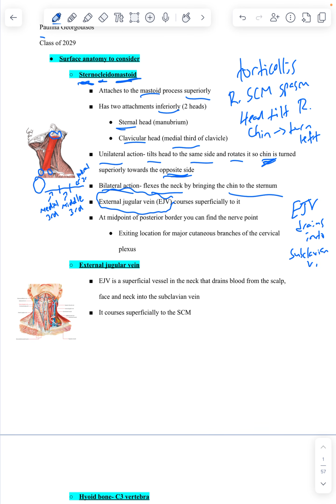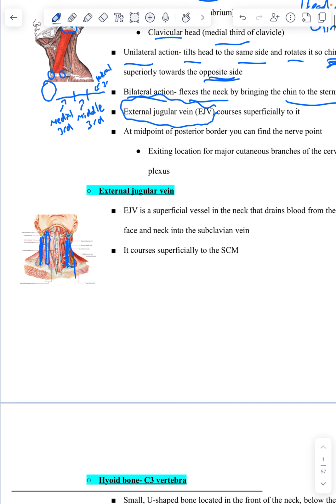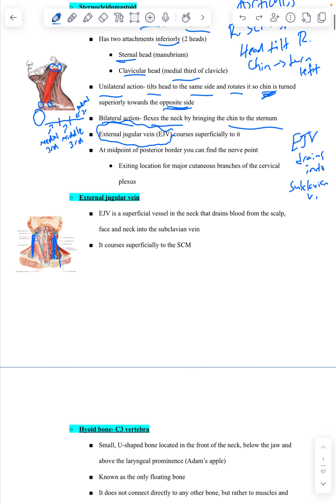And it's called external jugular, so if this is the body, it's going to be more outside than your internal jugular, which is more inside. So external jugular would be more like this. So internal jugular would be more like here. So external, outside. Internal is going to be more inside or medial.